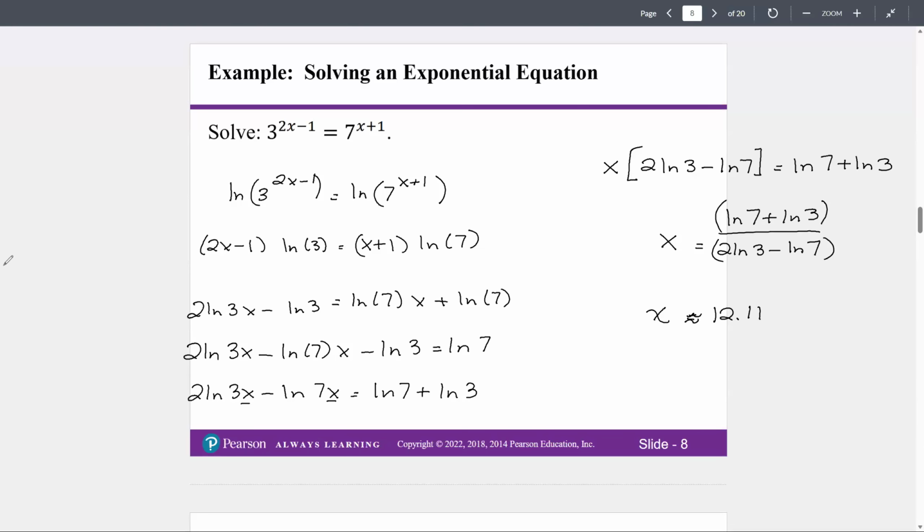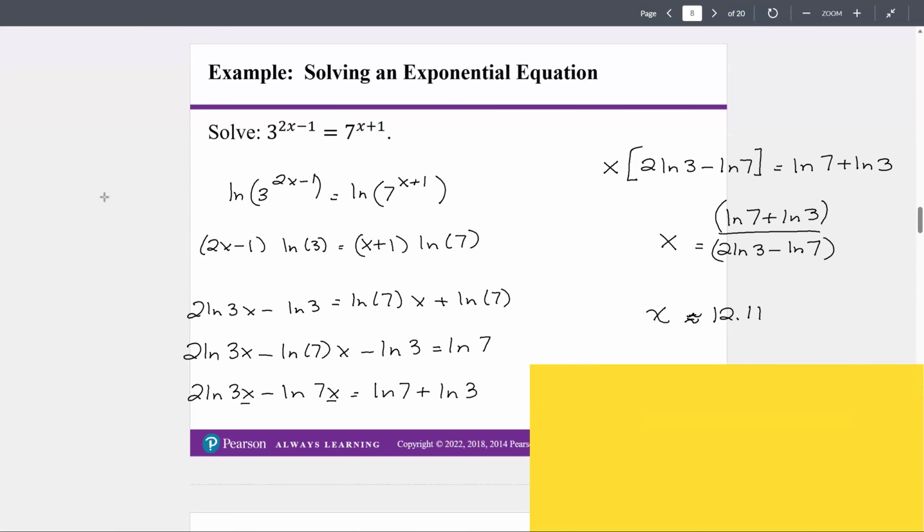And once again, if you went back and you checked your answers, remember, everything's going to be rounded, so you don't expect things to be the same, but as long as they look pretty close. So if I take 3 to the 2 times 12.11 minus 1, so remember to keep that all in parentheses in your calculator, that is equal to 1.1988 times 10 to the 11th. So just really focus on this part right here.